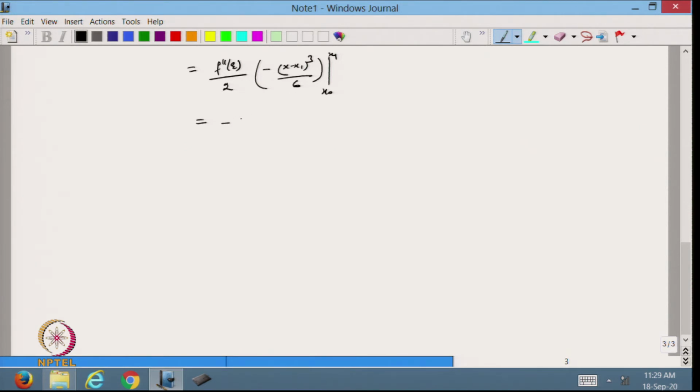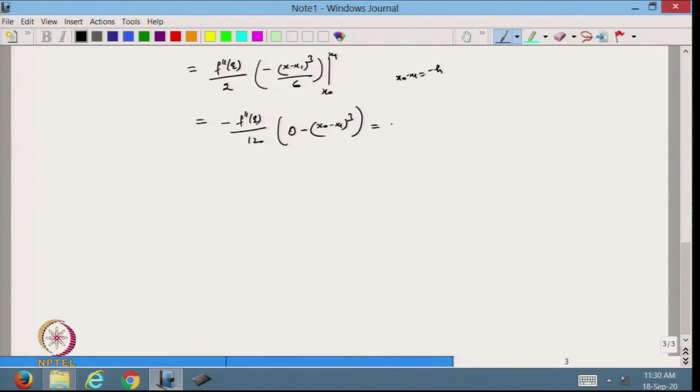So I can write minus f double dash xi over 12 times 0 minus x0 minus x1 cube. Now, x0 minus x1 is minus h, so this is minus h cube, and the minus sign will come out.